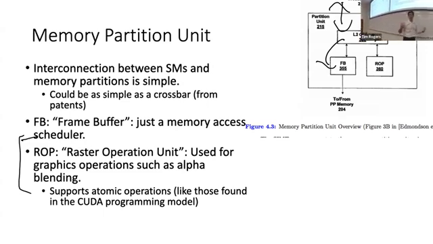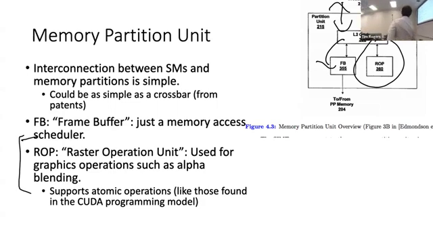This operation is so frequent in graphics rendering that I want to do the blending not in the SMs, the cores that are good at doing this texture rendering. I want to do this blending up here in the L2 cache. So this is like a little processor in cache that does just this blending operation.